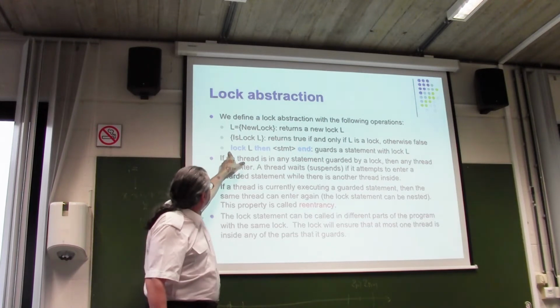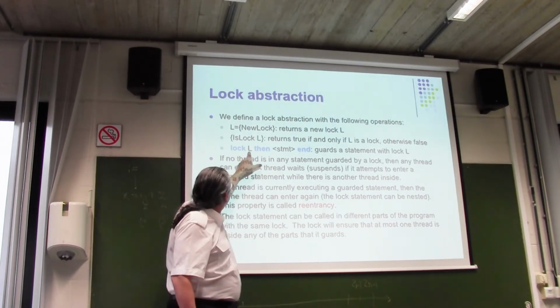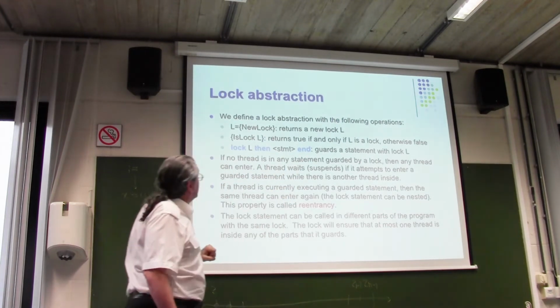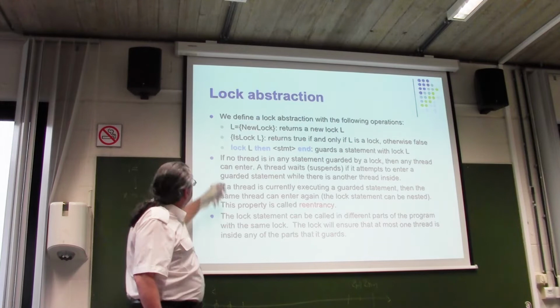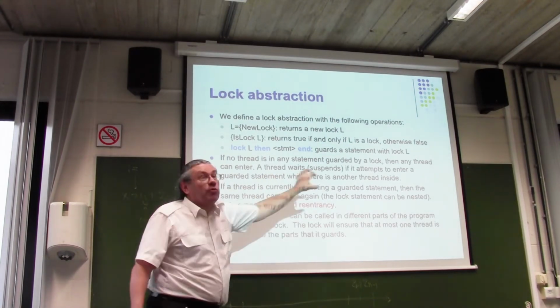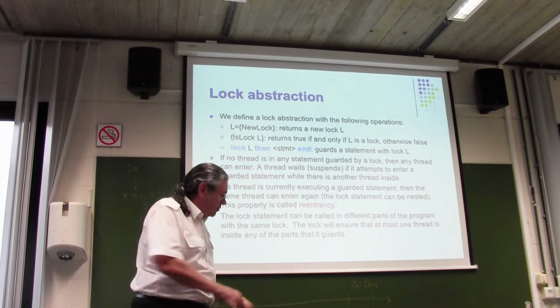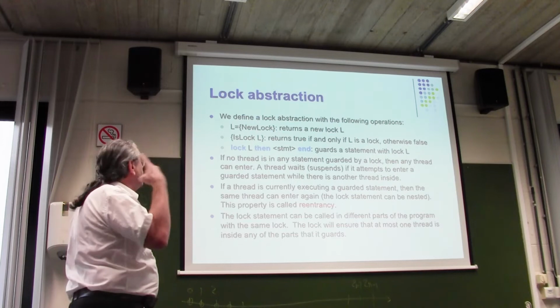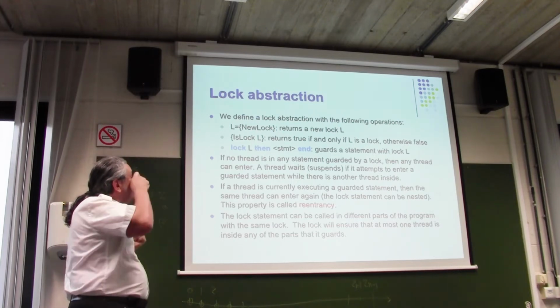And then you can protect. You can do lock L, and then this is a statement. Guard the statement with a lock. And you can call this many times. You can do lock L statement 1, lock L statement 2, lock L statement 3, and all of them are protected by that one lock, okay?